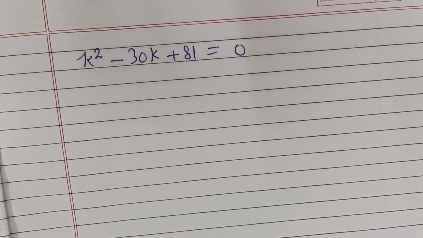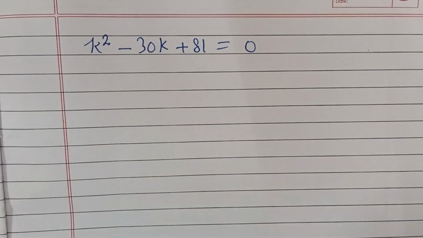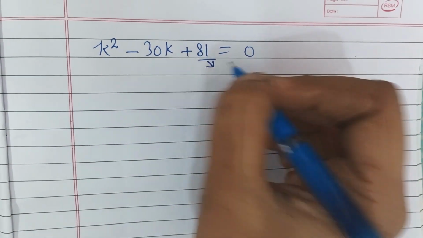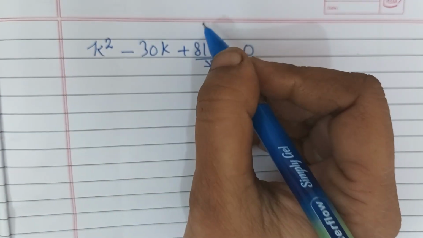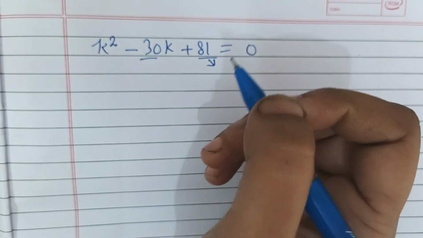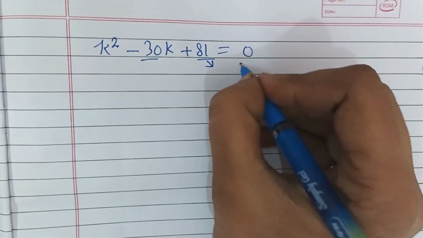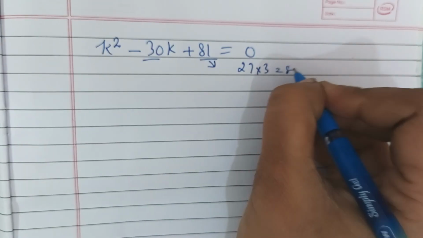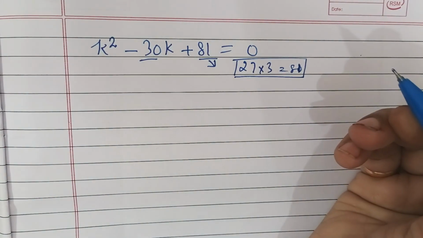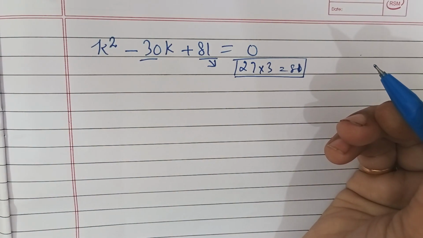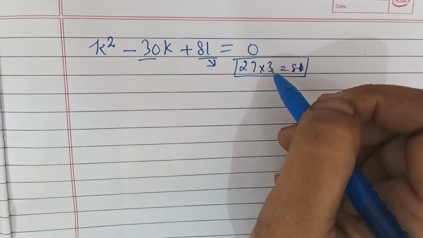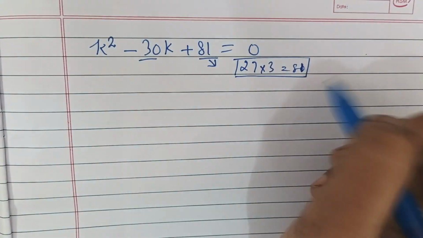Now we have to find the roots for k. We have to find such roots that their product will be 81 and their sum will be 30. So can we assume 81 as 27 into 3? By adding we will get 30 and by multiplying we will get 81.